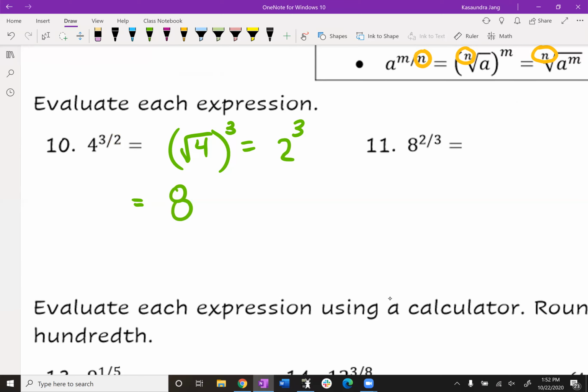Because the root is still even. It starts out even and the exponent it's multiplied by is odd. Exactly. An even root gives me a plus or minus. And if I have a positive cube, it stays positive. If I have a negative cube, it stays negative. I get both a positive and a negative 8.